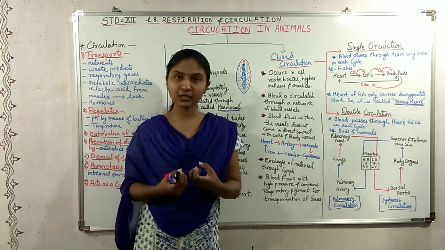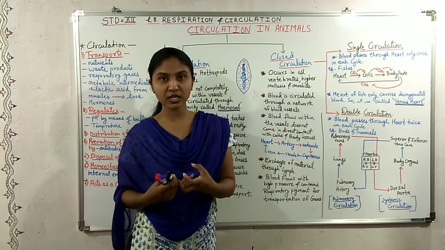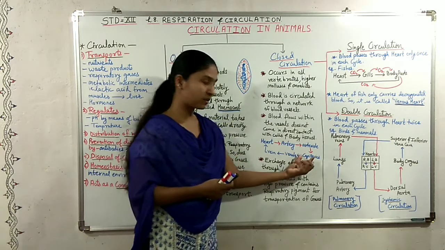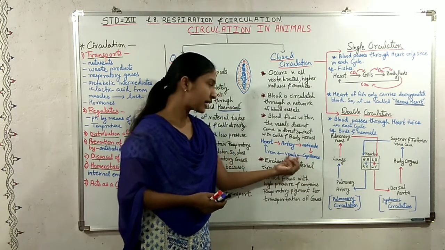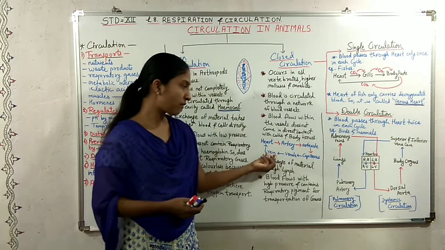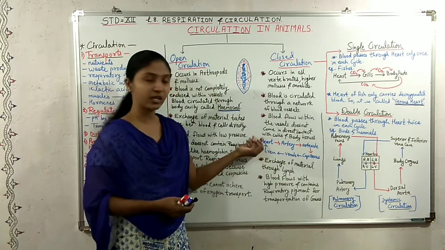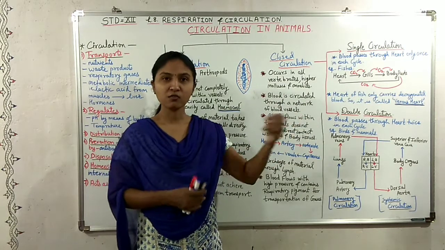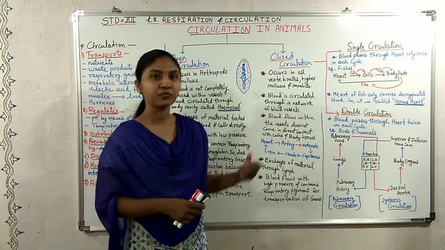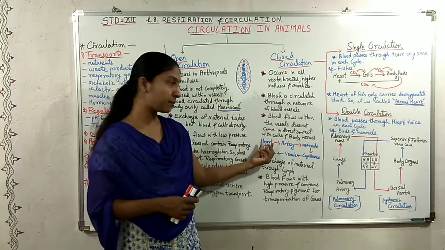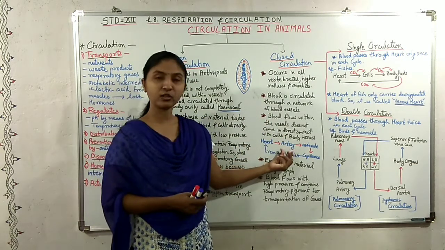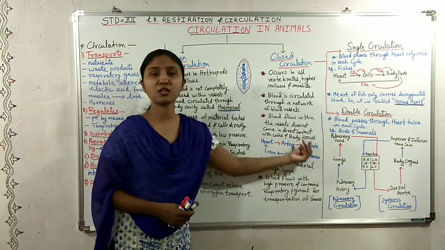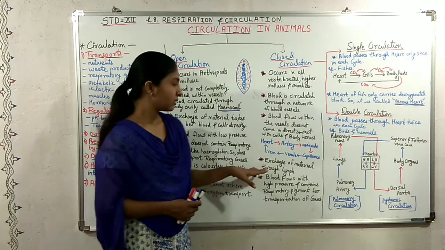Now when the cells and the body tissues use up the oxygen, carbon dioxide is diffused in the blood, and that deoxygenated blood is taken by the venules to the veins, through the veins, and again to the heart, and from the heart it is pumped to the lungs for oxygenation again, and from the lungs it is again pumped to the heart and then to the artery. This cycle continues. So this is the flow of the blood.